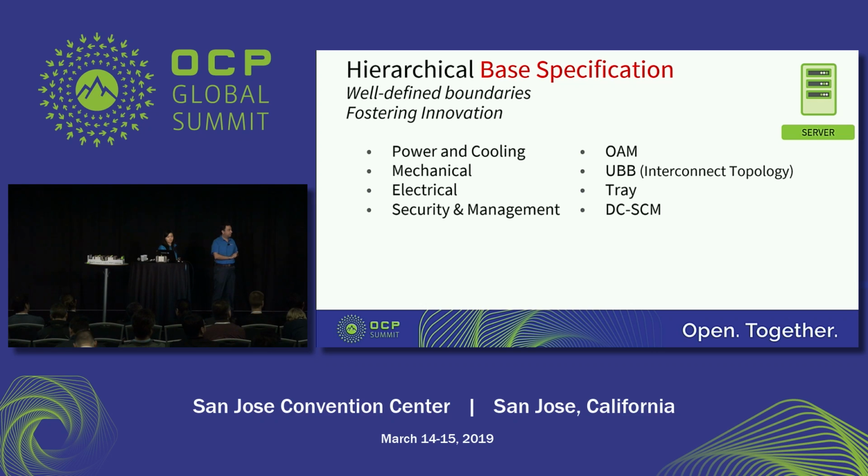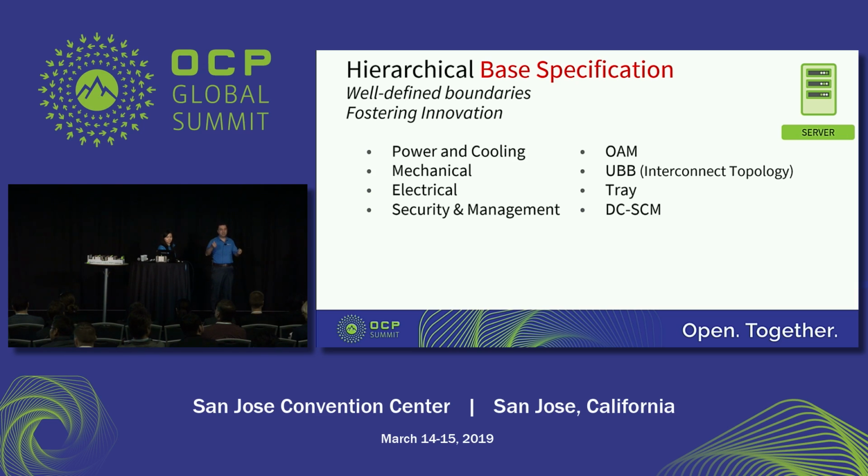So we start with a base specification. Within the base specification, we will have logical blocks and physical blocks. Power and cooling, mechanical, electrical, and security management can be thought of as being logical blocks. And for the physical entities, we have the OAM itself. We have a universal baseboard for the interconnect.